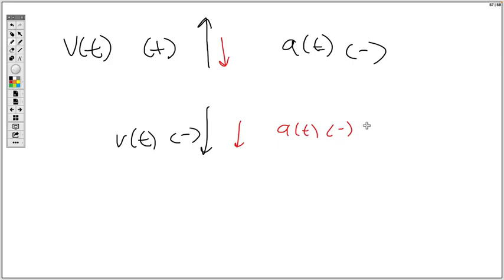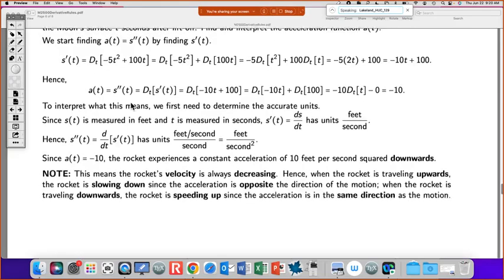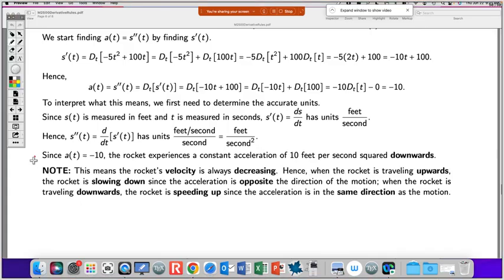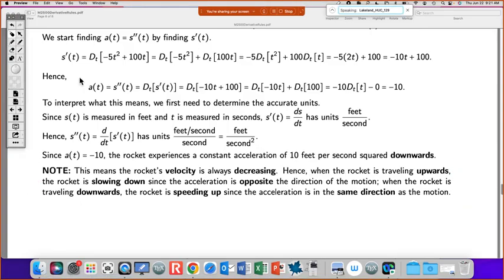So if velocity and acceleration have the same sign, the rocket speeds up. If they're opposite, then the rocket does what? Does that make sense or not, folks? And so once again, thinking through these as rates of change. So we got that right there, too. Okay? And there's your homework.